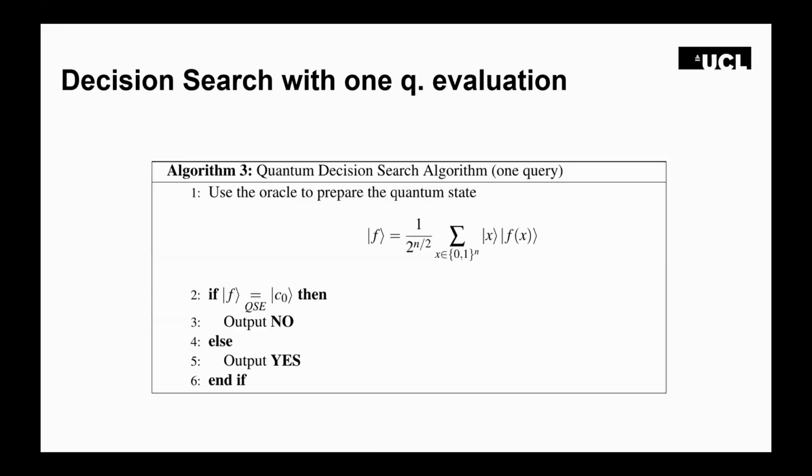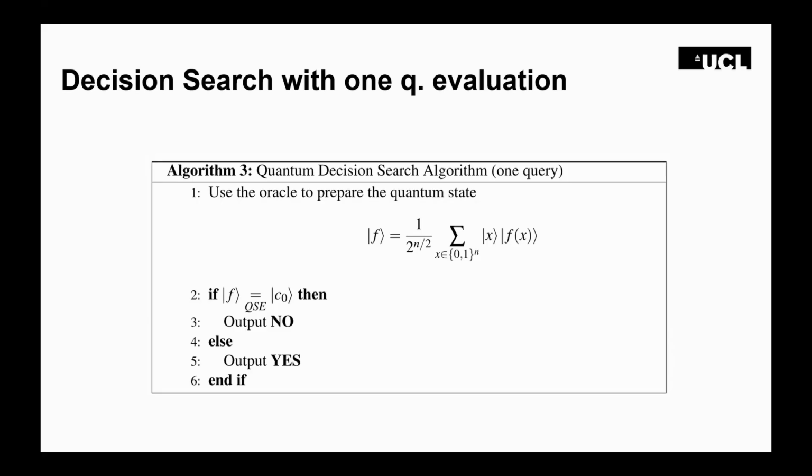Let me just show you what that would look like as a computer program. It would be a more intuitive computer program, I think, than that quantum circuit with the Hadamards, because it just says, build your representation of this function, and if the state that you get is equal to this reference state of constant zero, then output no, this is a no instance. Otherwise, output yes.